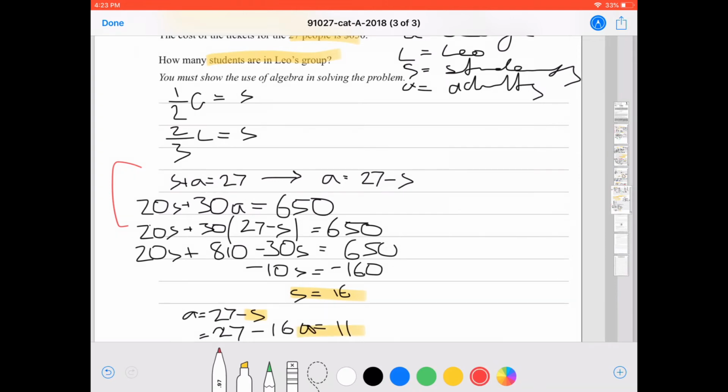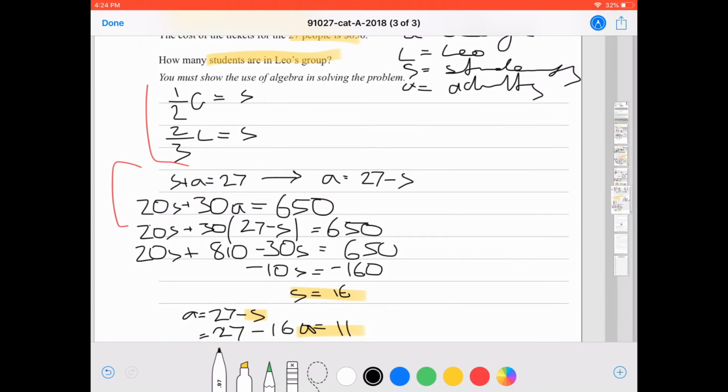Now we have to go back to the other thing that's going on, and that's the division of students and adults within the two groups, George and Leo's groups. Let's work in terms of students, because that's what's happening up here. We know the number of students, it's 16.